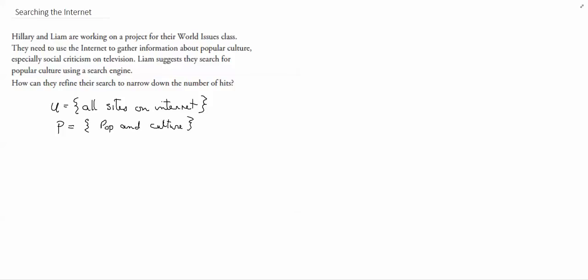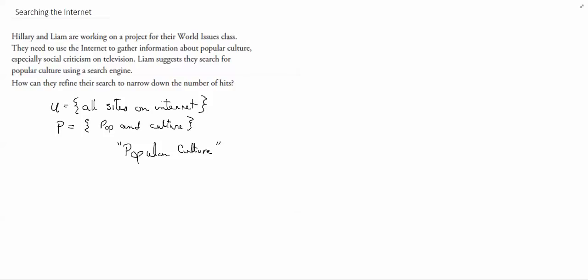So you can get fewer results if we narrow it down, and the way you narrow it down is you use popular culture and you put it in quotes.